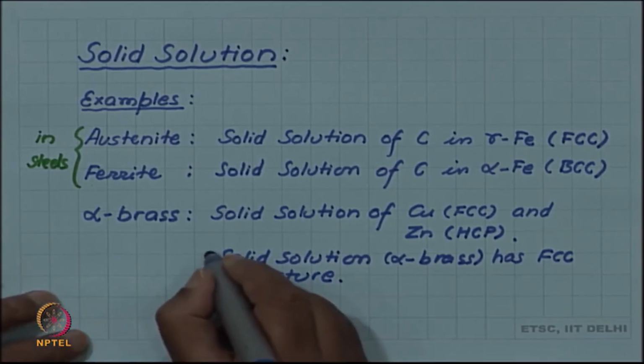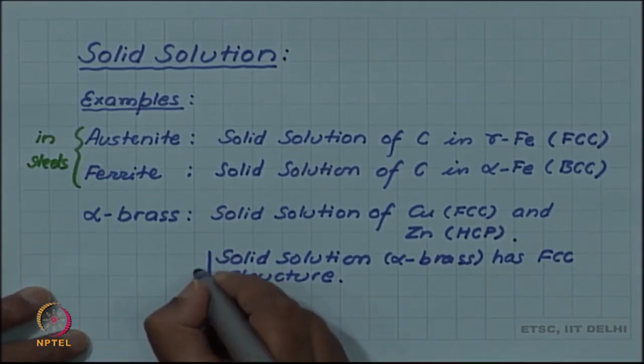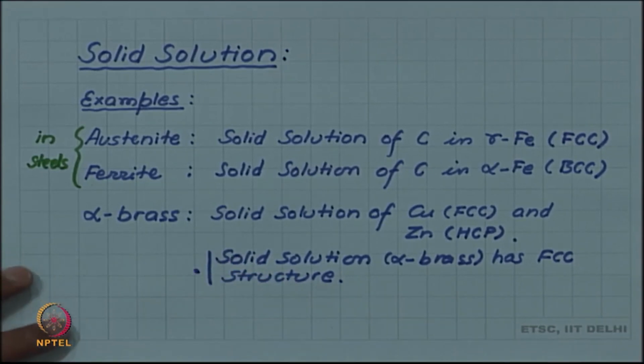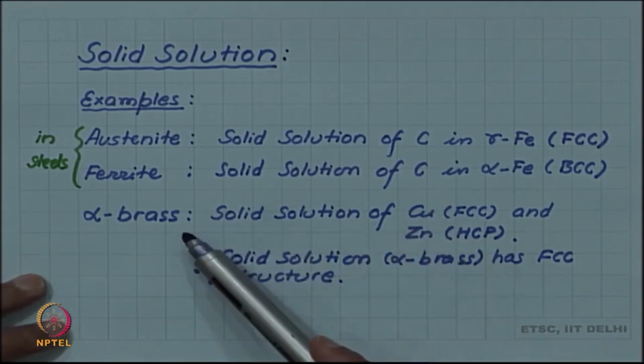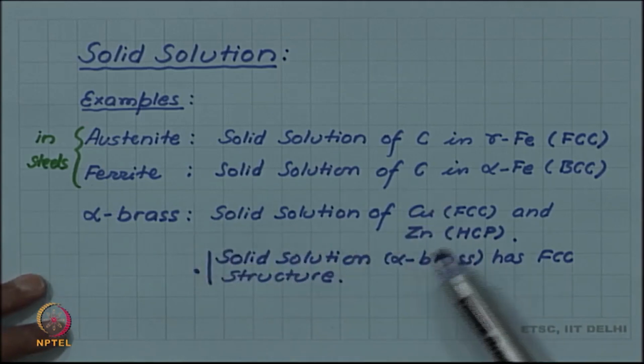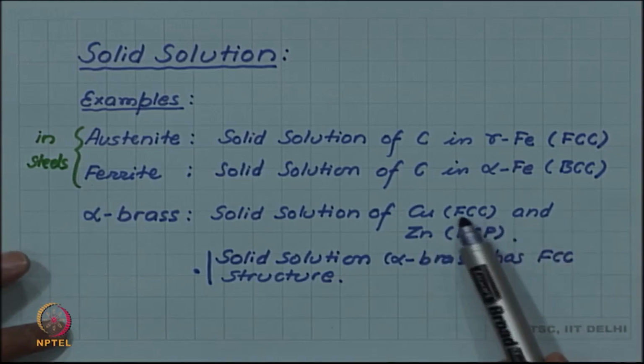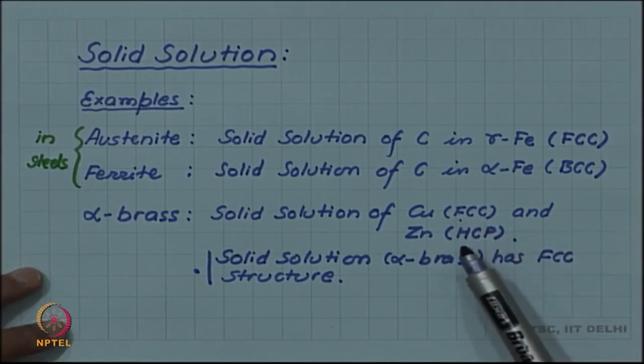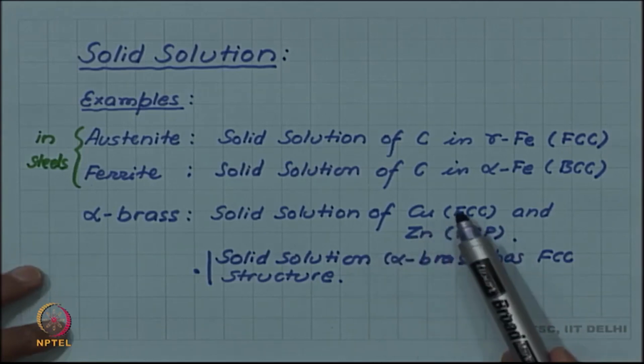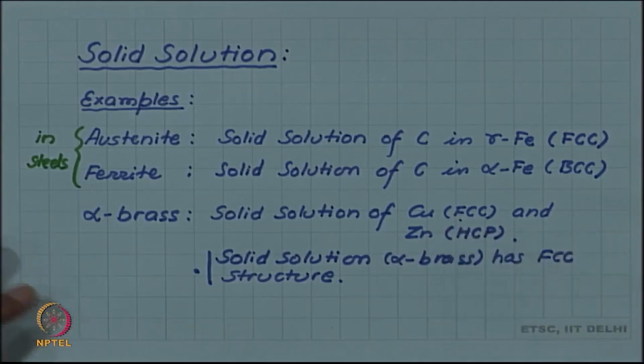So, as we noted in the previous discussion, solid solution will have the structure of one of the components. In this case one component is face centered cubic, another is hexagonal close packed, and the solid solution happens to have the structure of copper, face centered cubic.